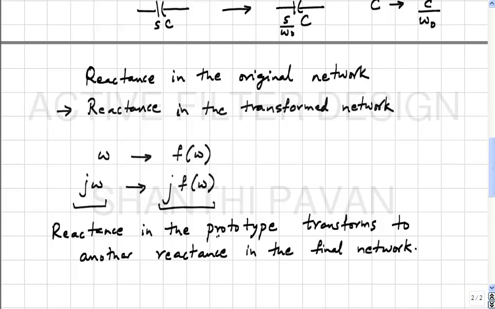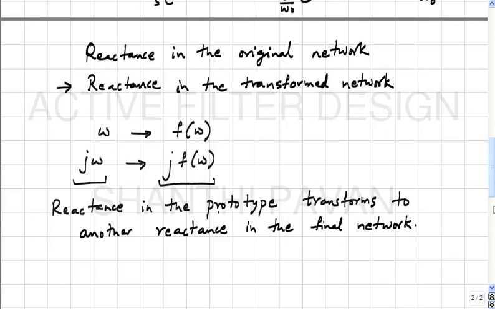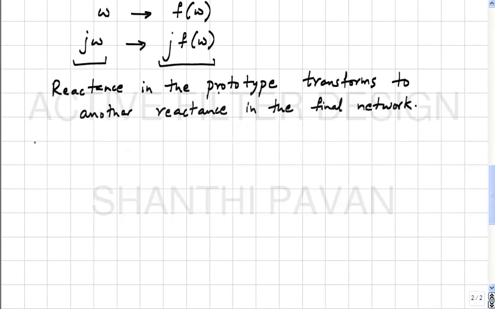Okay. So in other words, if you take the original network and replace every inductor/capacitor with some combination of inductors and capacitors, so that the transformed network also is lossless, then the transformed network will inherit the low sensitivity properties of the prototype. Correct? So since one reactance transforms to another reactance, these families of transformations are sometimes called reactance transformations.